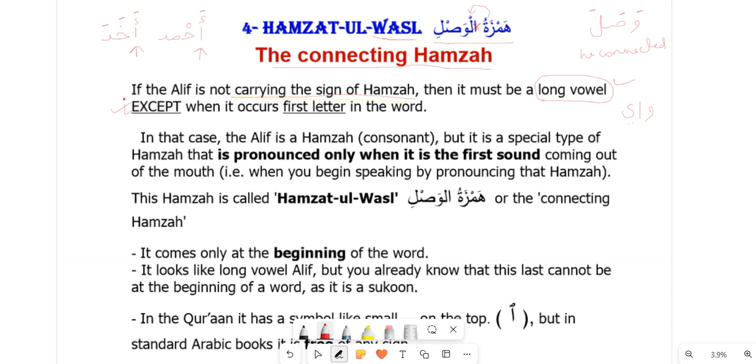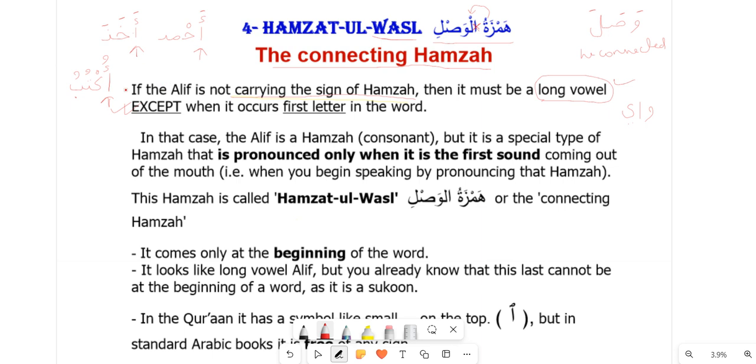Or you can say uktubu. There are so many. In all these words you can see the hamza is at the start. So when hamza comes at the start, it is always pronounced.